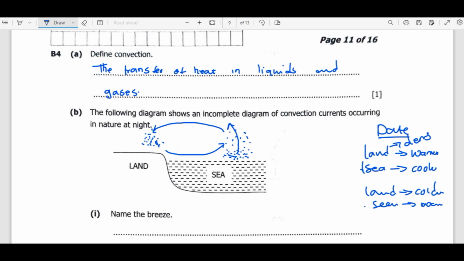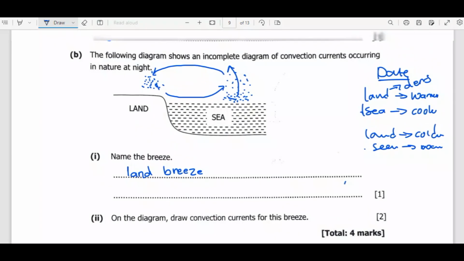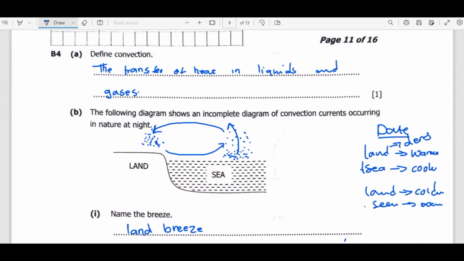Then the breeze that we are dealing with is the land breeze. On the diagram, draw convection currents for this breeze. We've done this. So this is our breeze. Then the reverse of this one will give you the sea breeze, and the sea breeze occurs during the day.